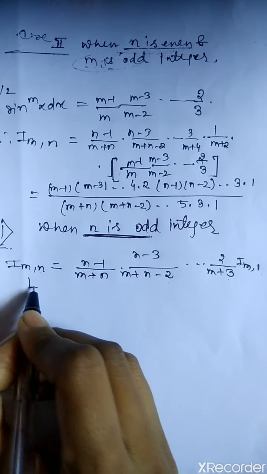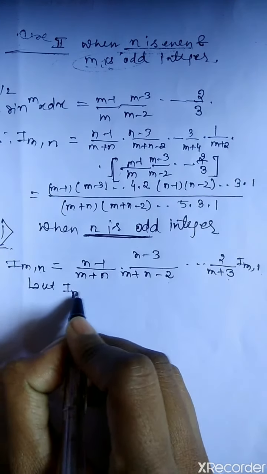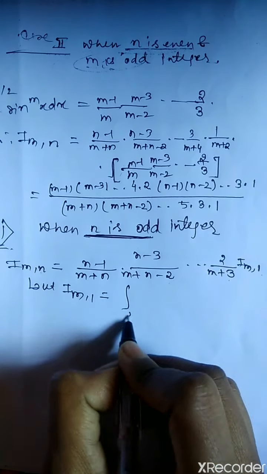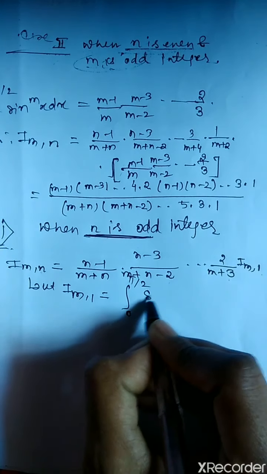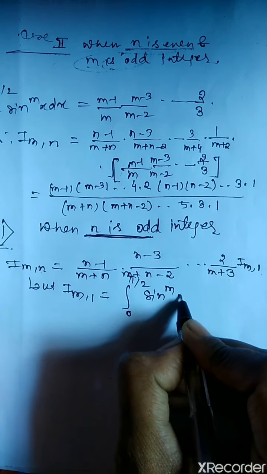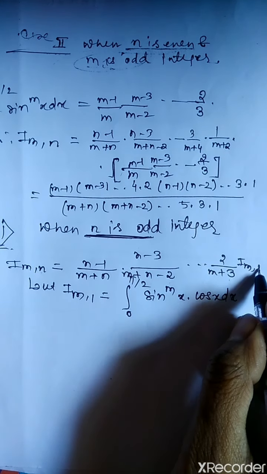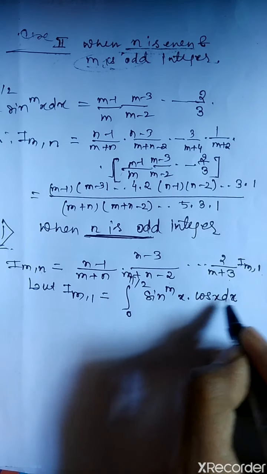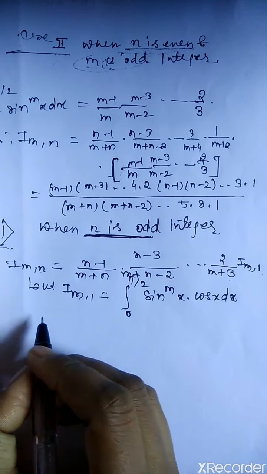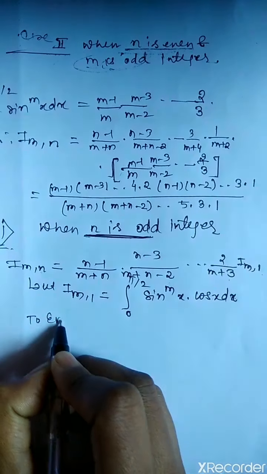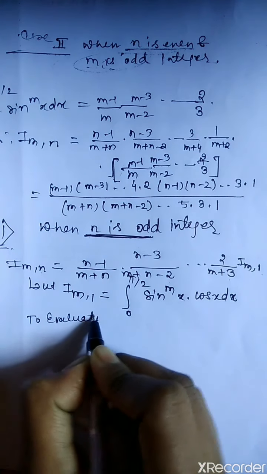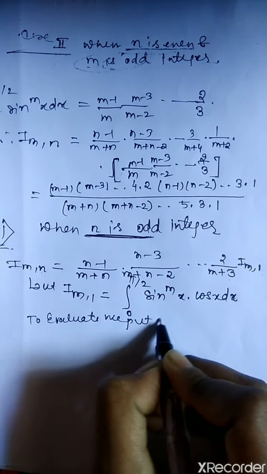Now, I_m,1 equals what? Integration over 0 to pi by 2 of sin mx and then cos x dx, because we have 1, so cos 1x dx, so cos x dx. Now to evaluate, what do we put here?